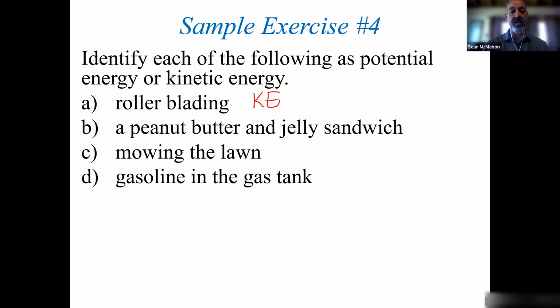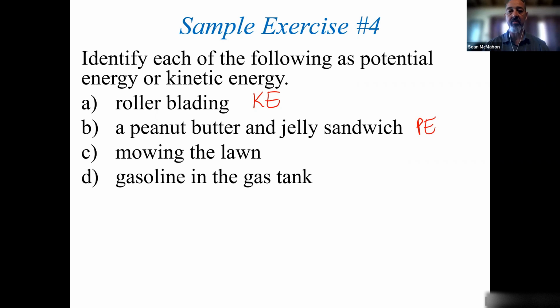Peanut butter and jelly sandwich. So that's not necessarily moving, but stored in the chemical composition of those molecules is the energy in those bonds. So this would be an example of potential energy. Once we consume that food, we can then harness that energy to do other things.